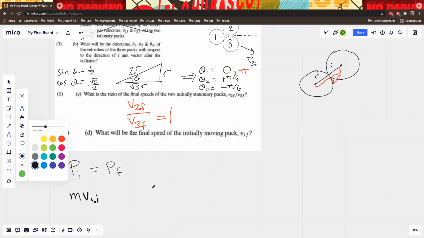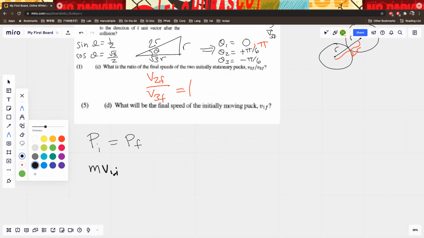And then that would be equal to, because the other two pucks are not moving, the mass times velocity of the first puck final.